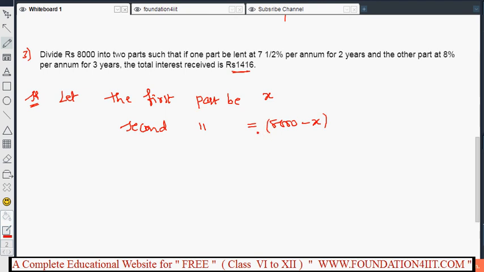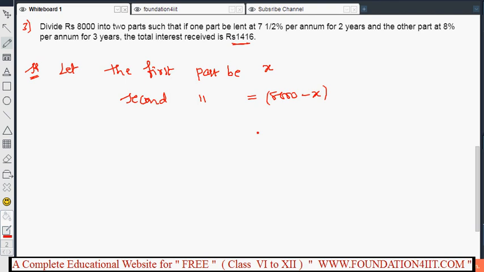Now we will do the simple interest separately for 2 years and separately for 3 years from the given data. So take two cases because both are there separately.